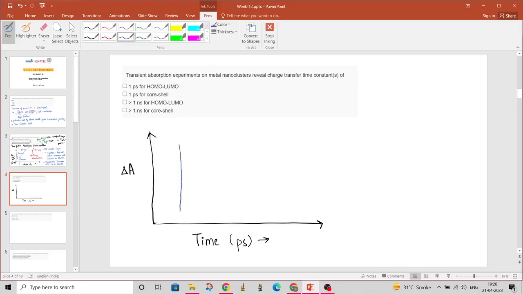Now, this was the signal which came for 640 nanometer of gold for gold nanoclusters.